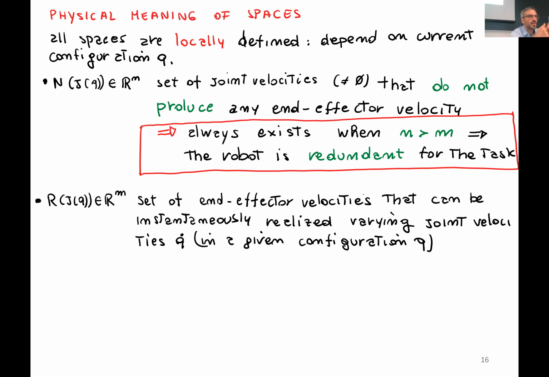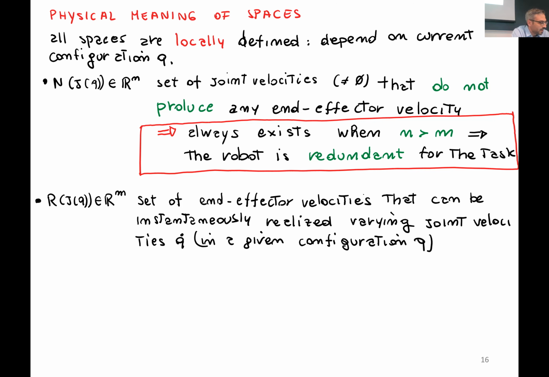We introduced specifically the concept of null space, which is the set of joint velocities that do not produce any motion at the end effector. So think about this kind of motion: the end effector is not moving, and the joints move in a certain configuration of joint velocities that produce no motion at the end effector. The null space always exists whenever the robot is redundant.